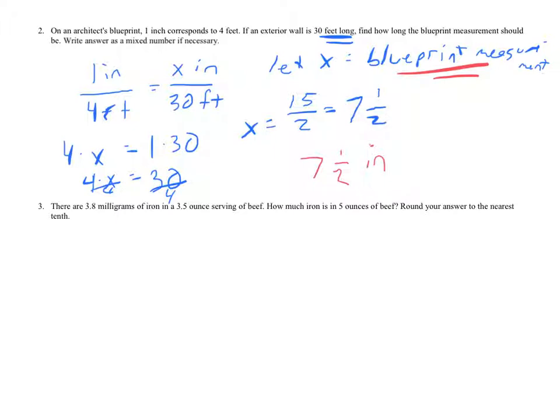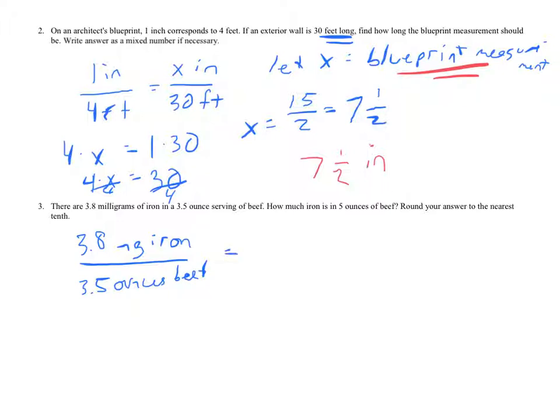Now looking at number 3, we're told that there are 3.8 milligrams of iron in a 3.5 ounce serving of beef. Question is, how much iron is in 5 ounces of beef? Round your answer to the nearest tenth. Once again, our units are going to make it much easier to set up this fraction. So we're given 3.8 milligrams of iron over 3.5 ounces of beef.